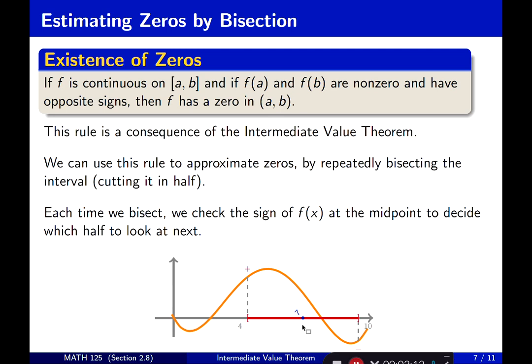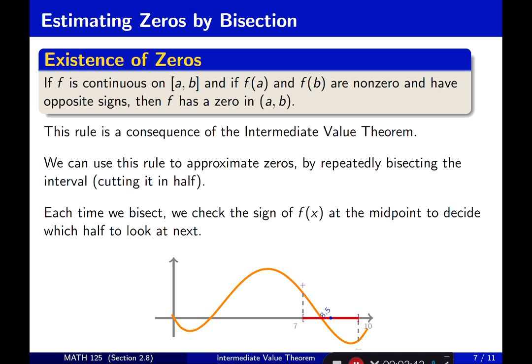And so we bisect it. How do we bisect it? 10 plus 4 divided by 2 gives you the midpoint, and then you check the midpoint. The f value is either positive or negative. Then you pair up the midpoint with either 4 or 10, as long as f of 4 or f of 10 has the opposite sign of f of 7.